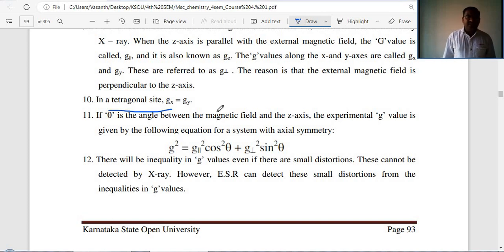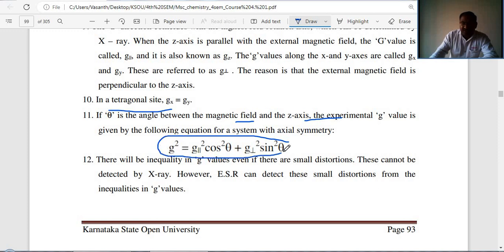If theta is the angle between the magnetic field and the Z-axis, the experimental g value is given by the following equation for a system with axial symmetry: g square is equal to g parallel square cos square theta plus g perpendicular square sin square theta.